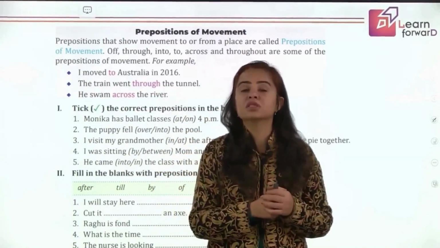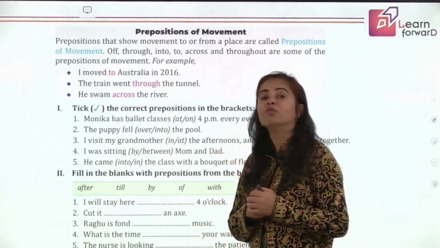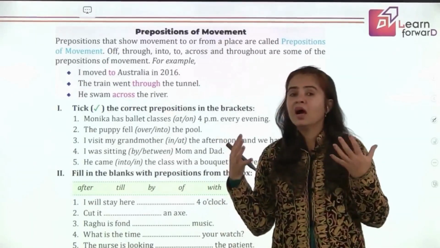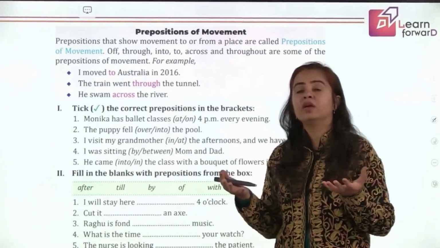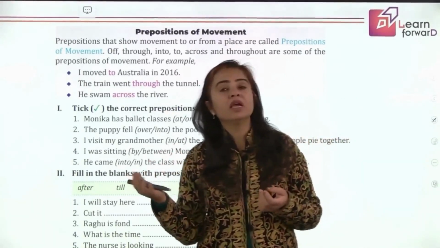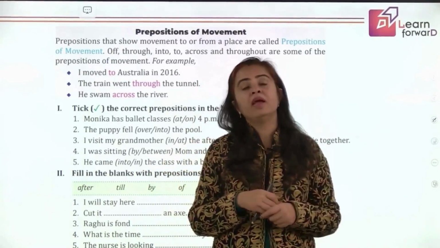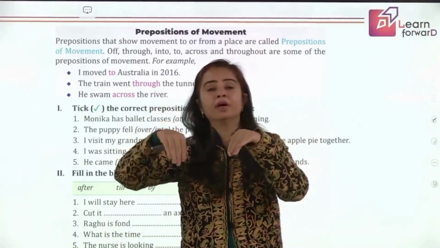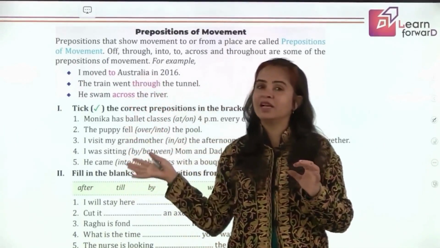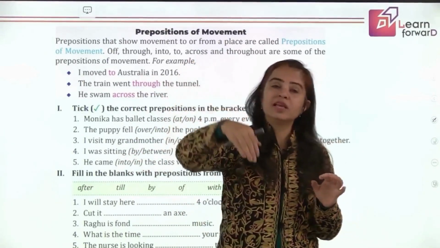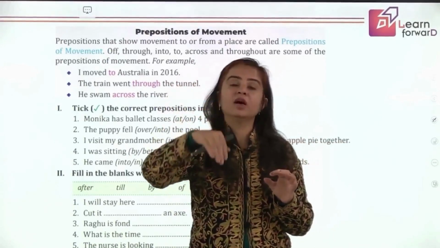So this is called preposition of movement. If a child is already swimming, so we'll say he is swimming in the pool. But if he's just getting ready to swim and he's there to jump, now because he was outside the pool, he is going inside the pool. So this is again a movement, children.